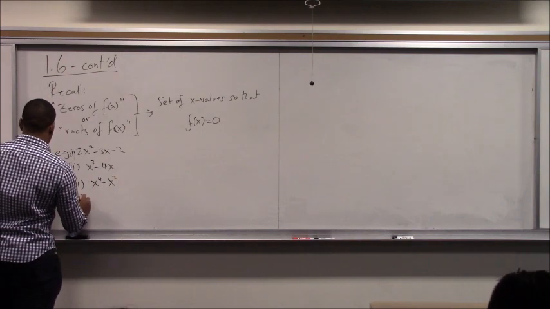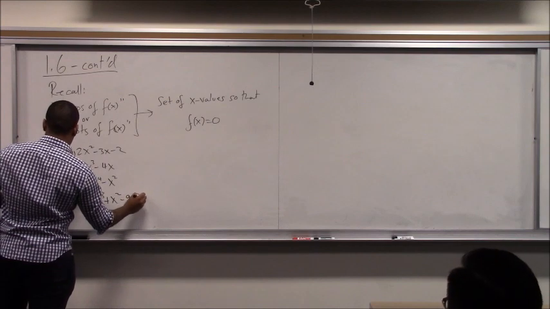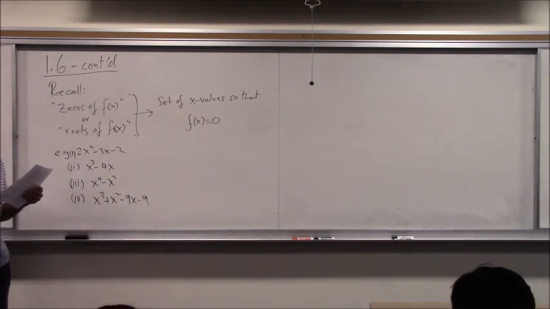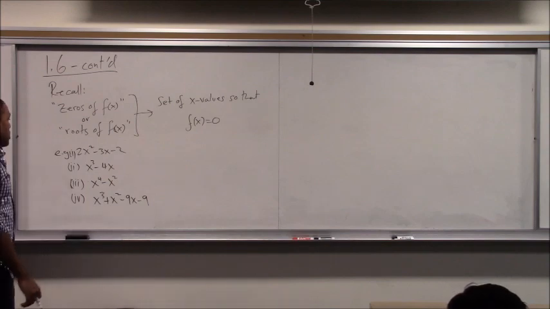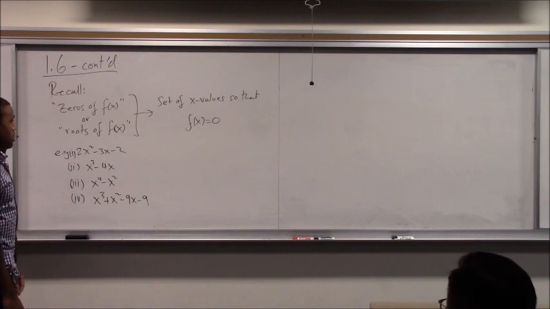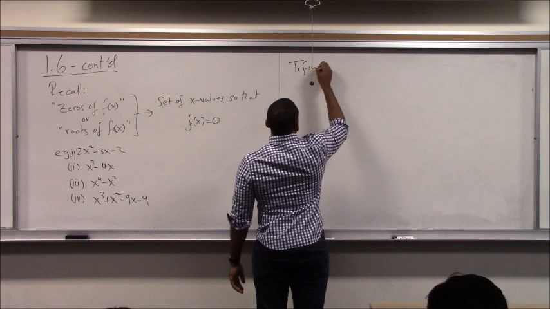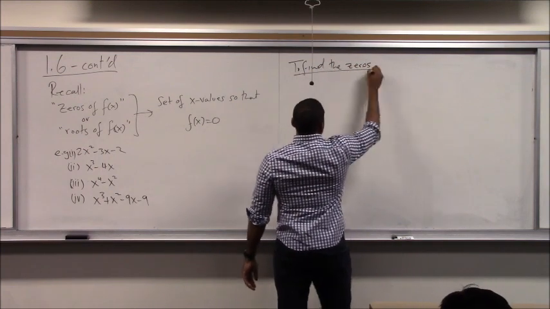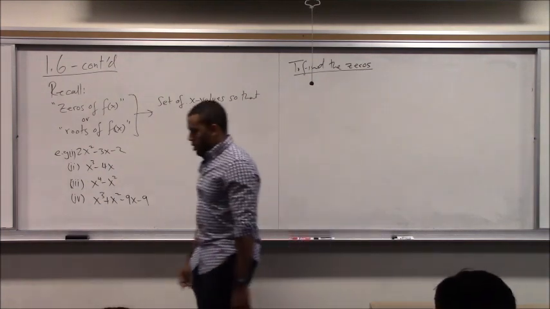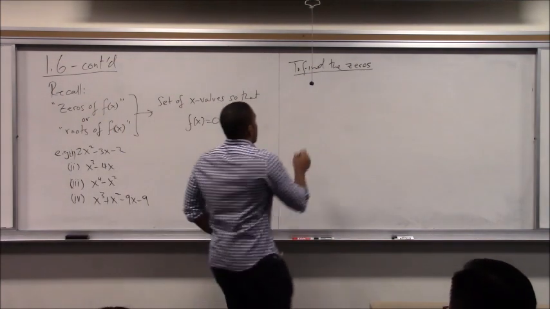We looked at x cubed plus x squared minus 9x. And so now to find the zeros, all you have to do is set them equal to 0 and solve for the x value. That's basically what we have to do. So let's quickly go over these.